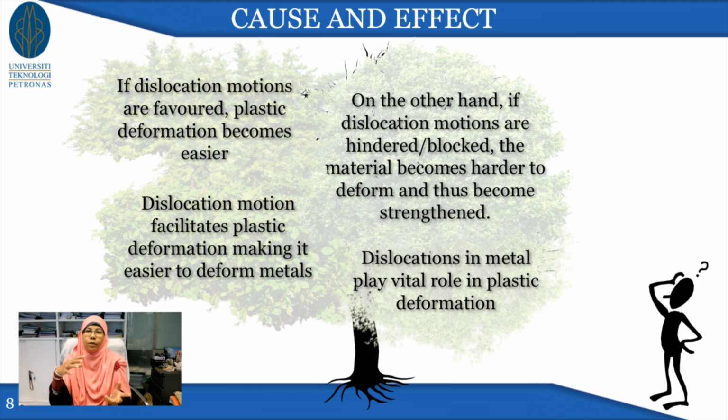In one case you may want to deform the material easily, for instance when processing the material to produce a product, and sometimes you want to strengthen the material. So how do you strengthen a material? You have to think about how to stop or block the dislocation motions.